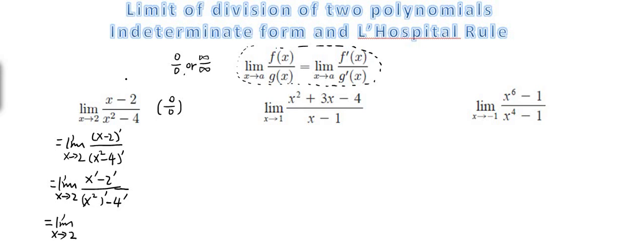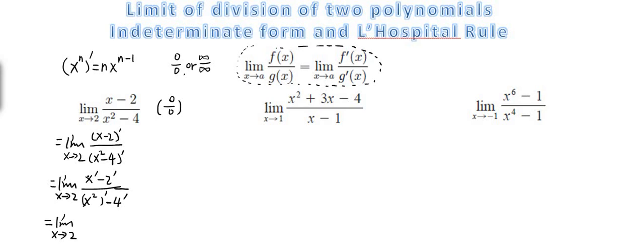As we know the power rule, I'm gonna record the power rule here. The derivative of x to the power n equals n times x to the power n minus 1.